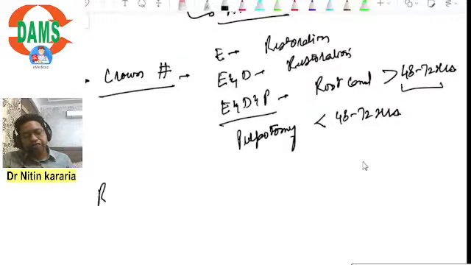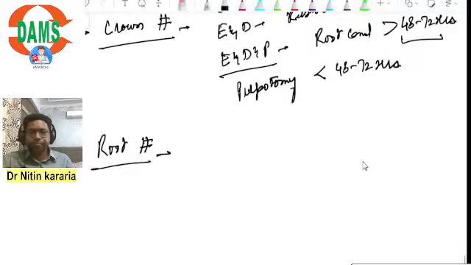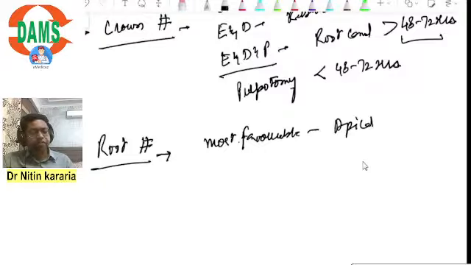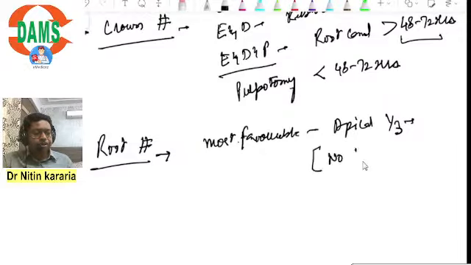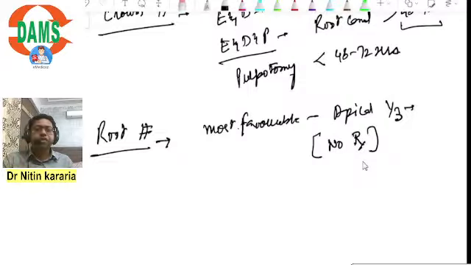If we talk about root fractures, the most favorable are the apical 1/3. Usually they require no treatment. If they are asymptomatic, they require no treatment. Only treatment required is splinting.